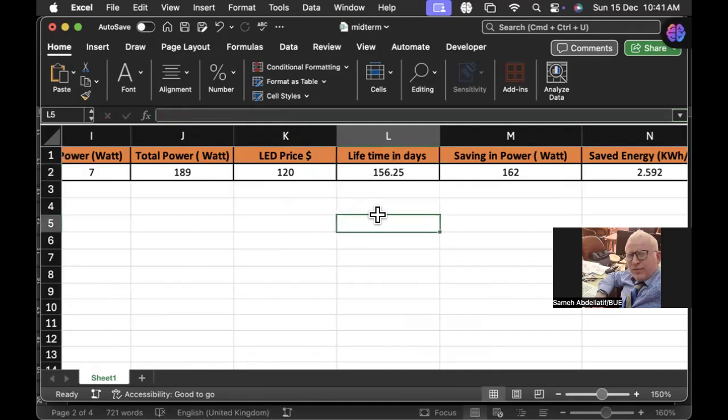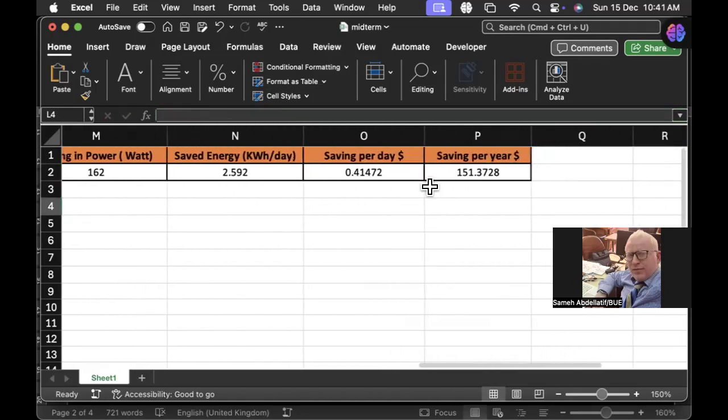Basically, if the lifetime of this lighting source is relatively higher, then the appropriate decision should be to change, because per year I'm going to save 150, and if the lifetime, for example, is 4 or 5 years, then I'm going to break even before the first year. So maybe in the third quarter, I'm going to break even.